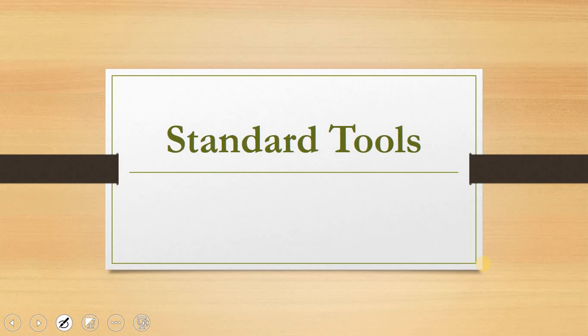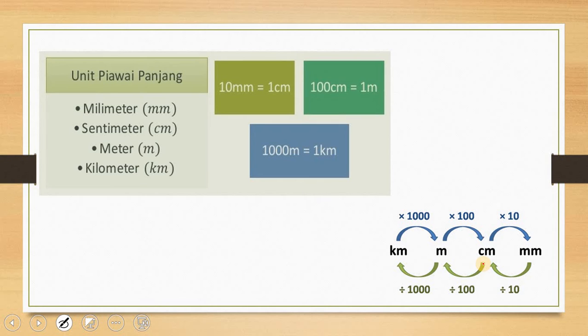Okay, so this is the last slide. Okay, so how do you change, for example, kalau ada soalan, okay? Example, if there is question in the subjective section, okay, dalam soalan subjektif, for example, they ask you 1 kilometer. So 1 kilometer is how many meter, for example? Okay, for example, people asking you, I have this 1 kilometer.